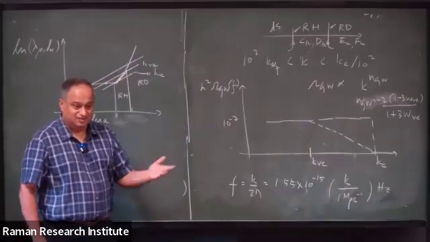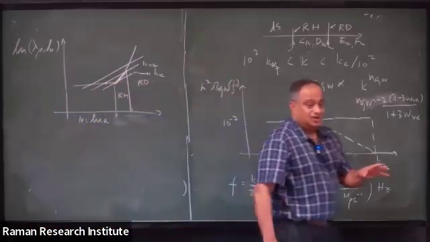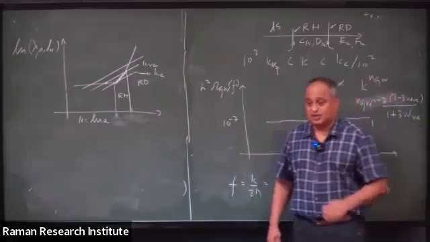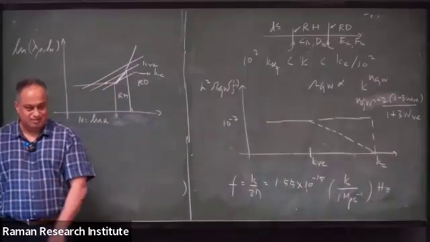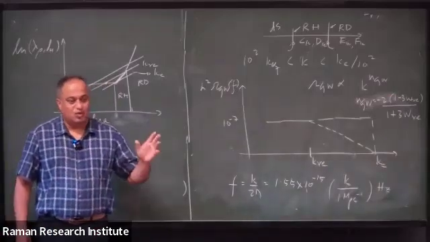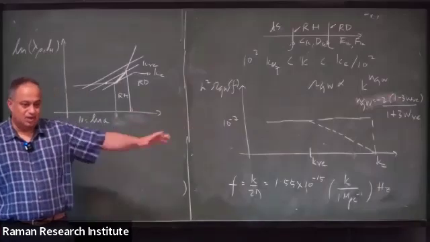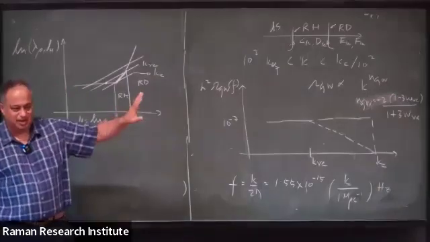If you have scalar field driven reheating, what is w? w is p by rho. p is phi dot squared by 2 minus V, and rho is phi dot squared by 2 plus V. So one extreme is when the potential dominates, when w is minus 1. The other extreme is w equal to plus 1 when the kinetic energy dominates.